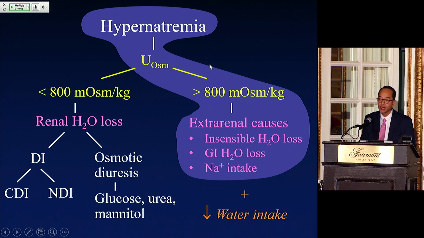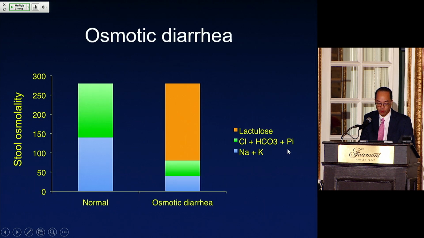So this has to be hyponatremia due to extrarenal free water loss. In this case, in this context, it was most likely due to lactulose. So lactulose is an osmotic laxative that basically pulls free water into the colonic lumen. That's how it causes diarrhea, but it leads to free water loss.